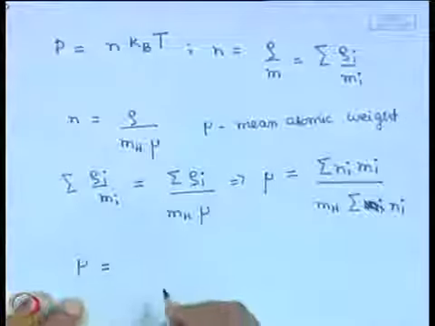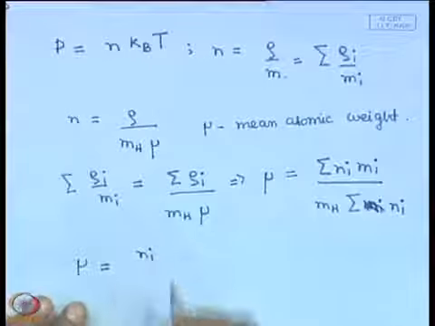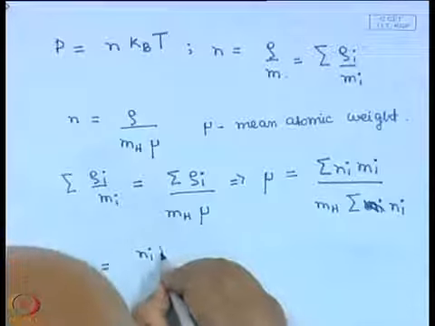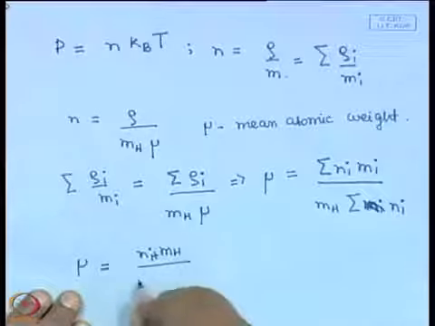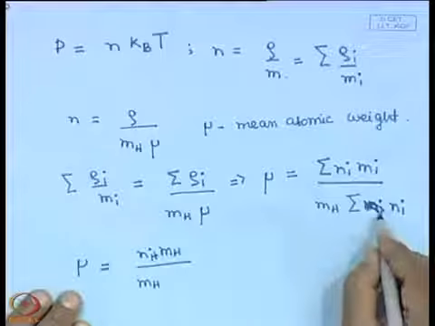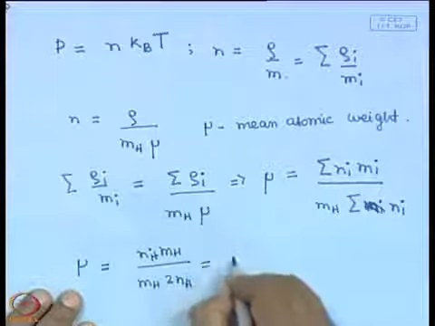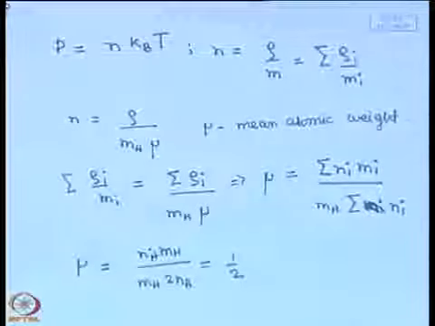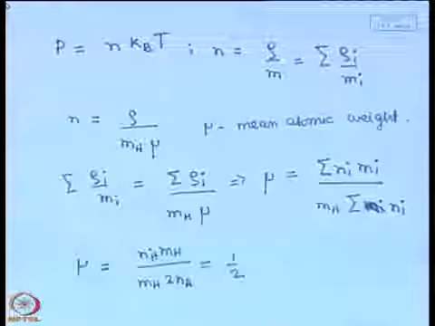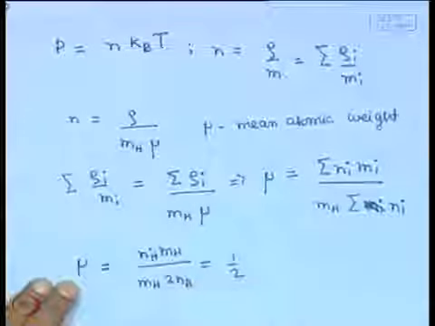So the numerator is essentially N_H, the number density of protons, times the mass of the hydrogen atom, m_H. The denominator is m_H, and here the electron and the proton density are the same, so we have 2 N_H. So this comes out to be equal to half. For ionized hydrogen this is half. If you put in a fraction of helium, then it will get somewhat modified. The mean atomic weight for ionized hydrogen is half. So we can use this.